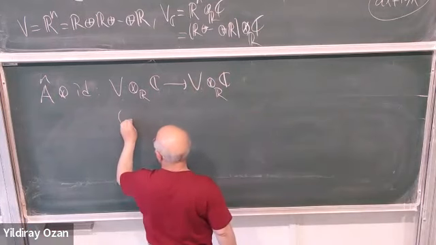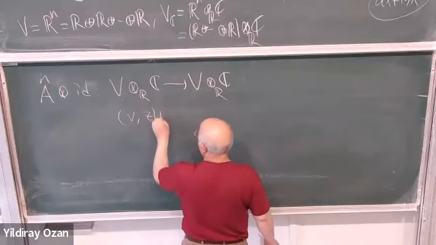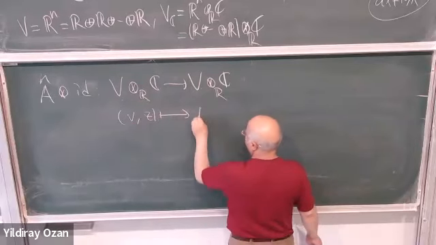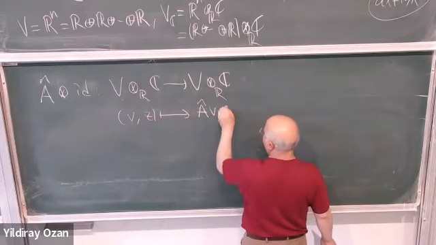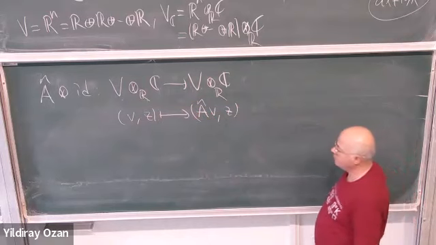So I have here a vector and then a complex number. I just send it to A applied to the vector, and then this complex number. Okay.